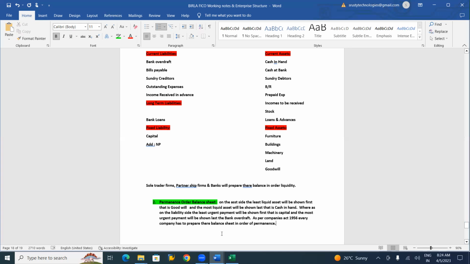If on the liability side fixed liabilities are first and current liabilities last, and fixed assets are first and current assets last, that is permanence order, so it is 100% a company's balance sheet. Is this clear? Any questions?